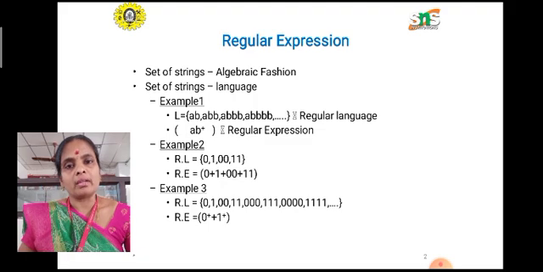So that should be defined as B plus, which means one or more occurrences. So the pattern used for the input strings in example 1 is AB plus. That will find a match for all the types of input strings given in our example 1 for the language L.